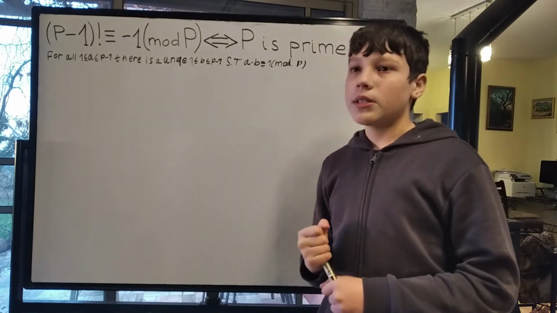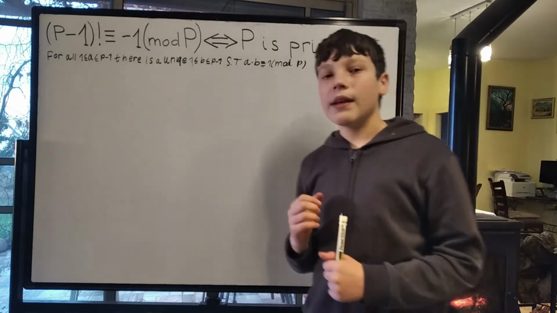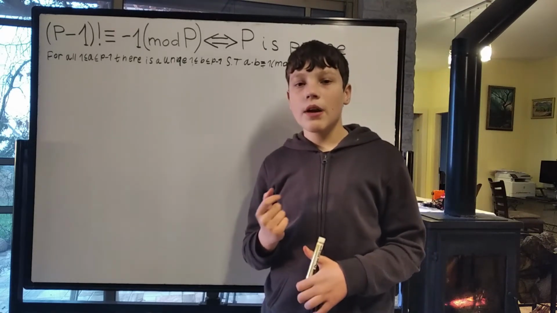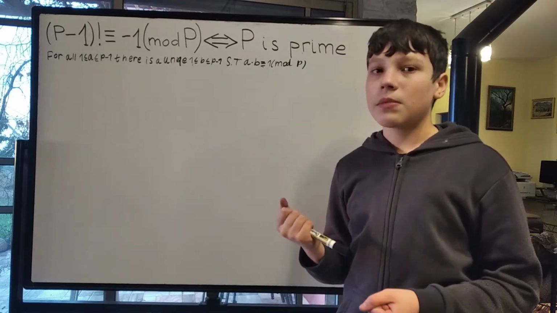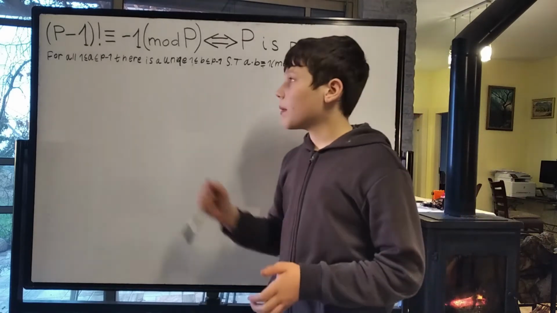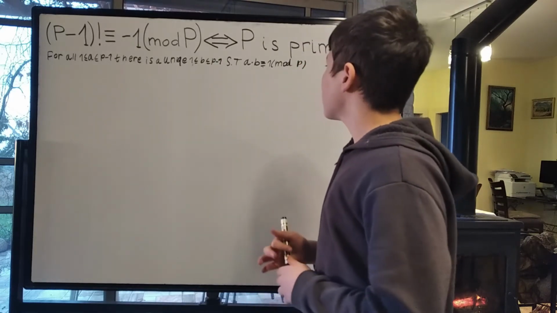But there is still something we haven't shown, because there can still be numbers that are their own inverse. They can't be paired up with their inverse because they only appear once in the product.